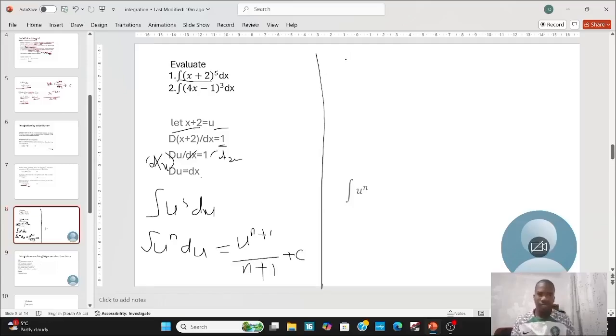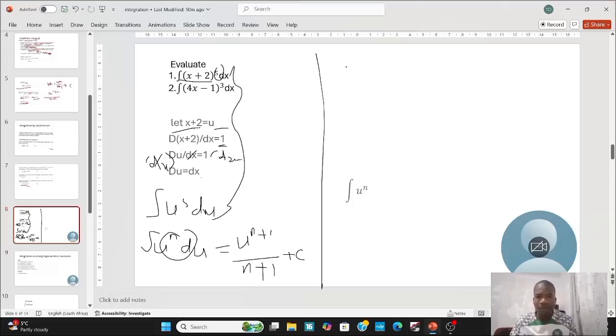Then let us proceed into solving our problem. We are given the value of n, which is 5, and we also know that this new equation of ours, which is u to the power 5, is the same as the integral of x plus 2 to the power 5 dx, right? So let us proceed into solving it.